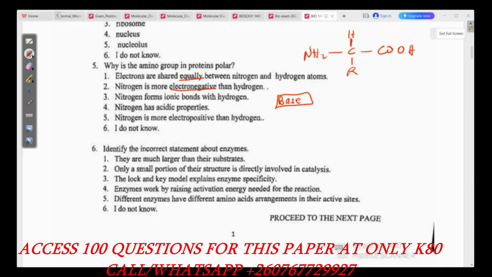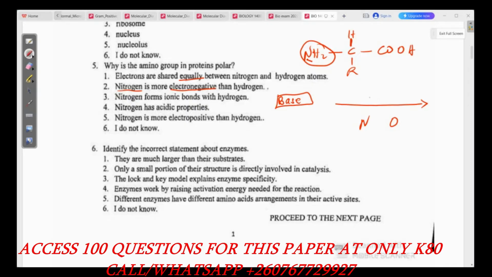That is, electrons tend to spend more time close to the nucleus of nitrogen in this amine group. On the periodic table, we said that the electronegativity increases as you move from left to right. So on the periodic table, you are going to find that nitrogen comes before oxygen.